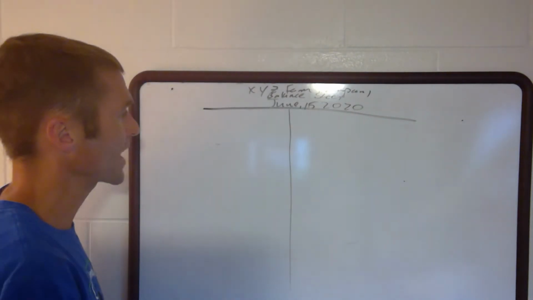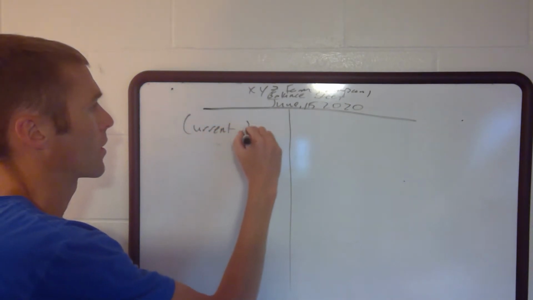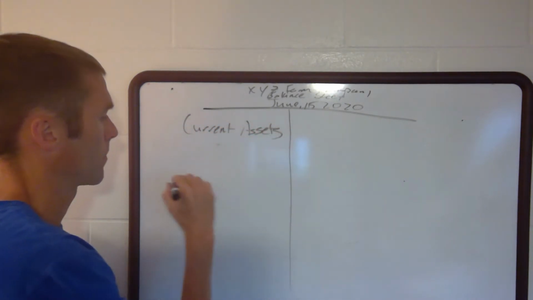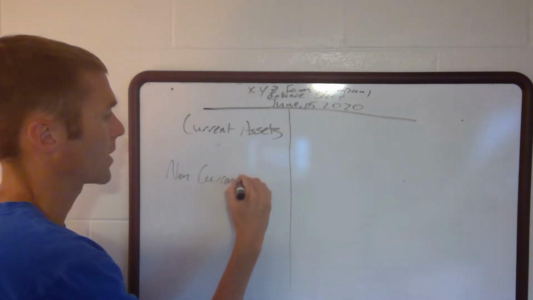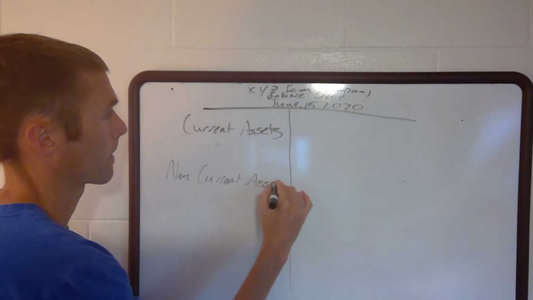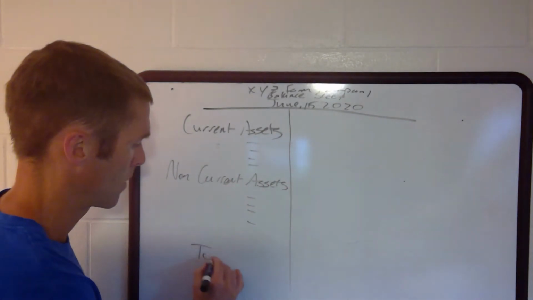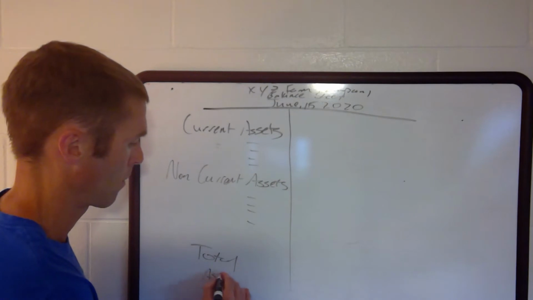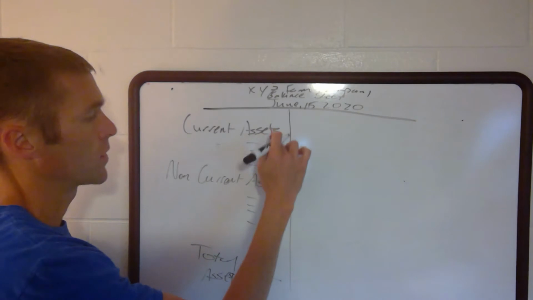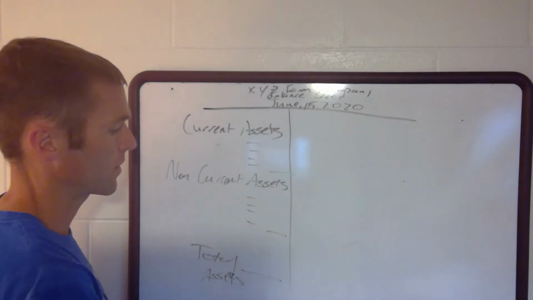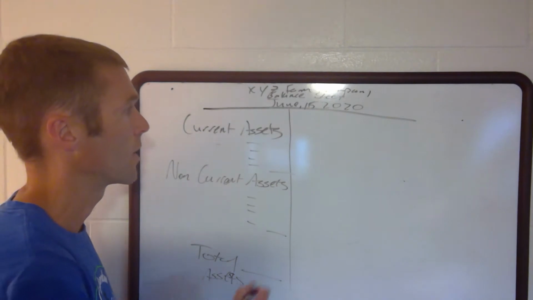And the sections of the balance sheet, we have current assets, non-current assets. These are listed off. We have total current assets, total non-current assets, and total assets altogether.